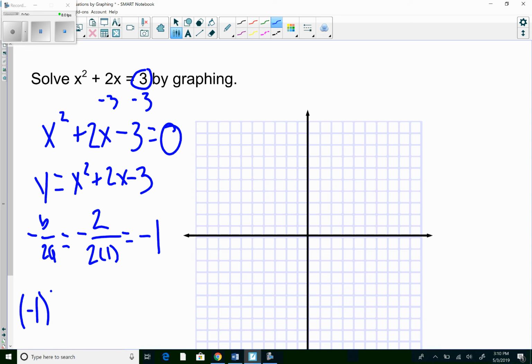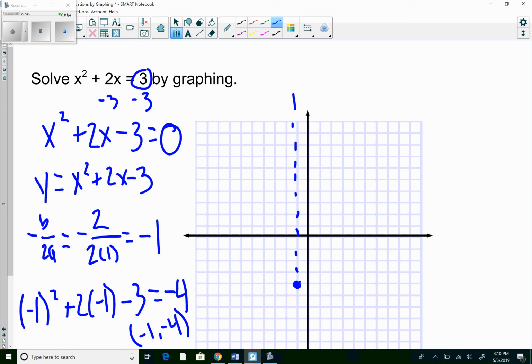So -1 squared plus 2 times -1 minus 3 gives 1 minus 2 minus 3, which is -4. So our vertex is at -1, -4. So negative 1, 1, 2, 3, negative 4. Okay, so there's the axis of symmetry.